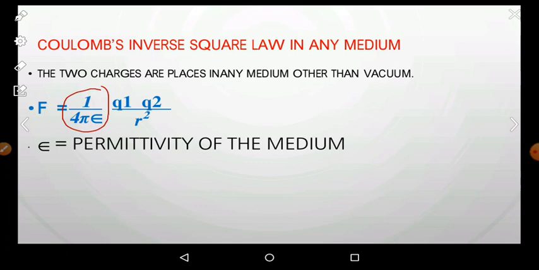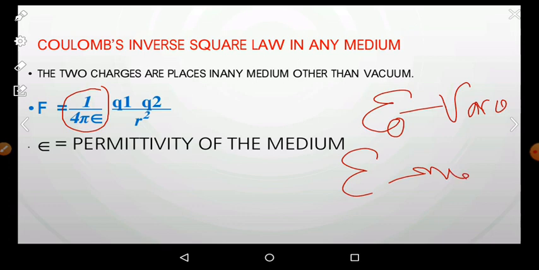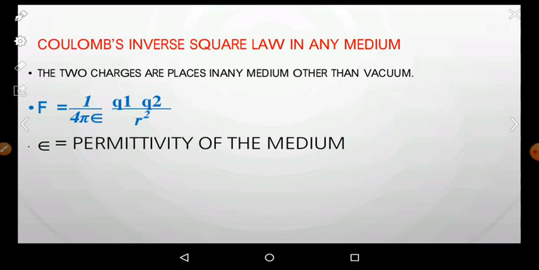So epsilon is the permittivity of that medium, and we don't put the naught. Epsilon naught is for free space or vacuum, and epsilon is for any other medium; the epsilon value depends upon which medium is chosen. So this is the force between two charges.